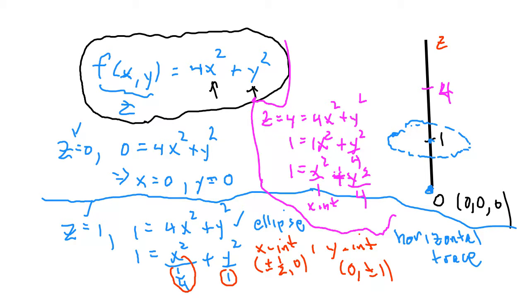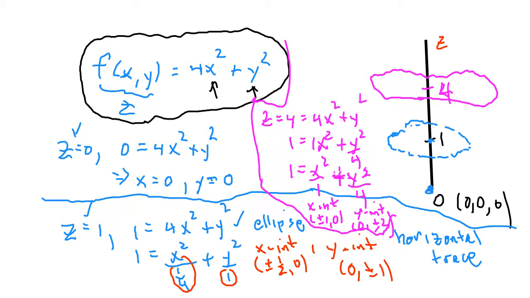Okay, so maybe I'll just put that in down here. X-intercepts plus or minus 1, 0. And y-intercepts 0 plus or minus 2. So that's going to be then a wider ellipse here.